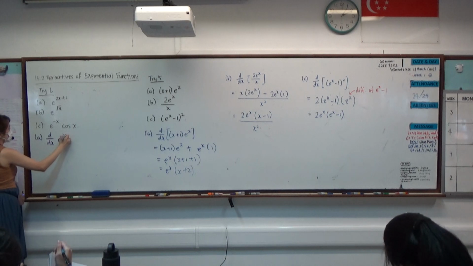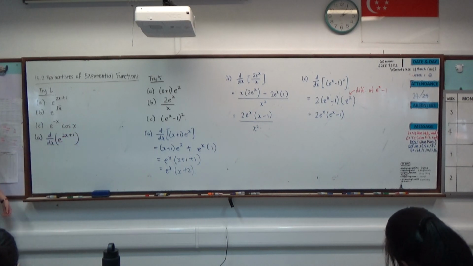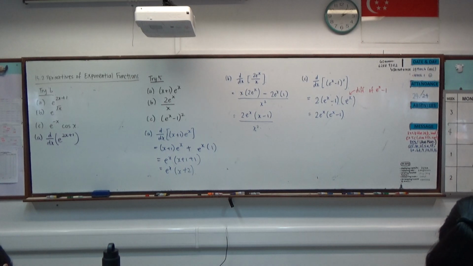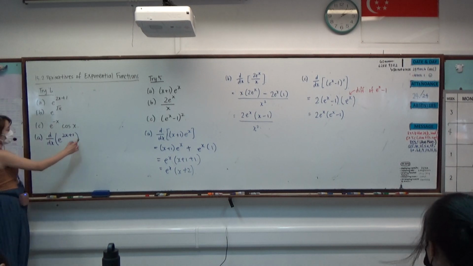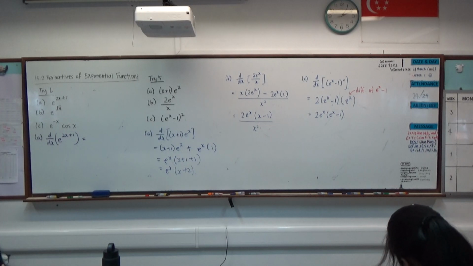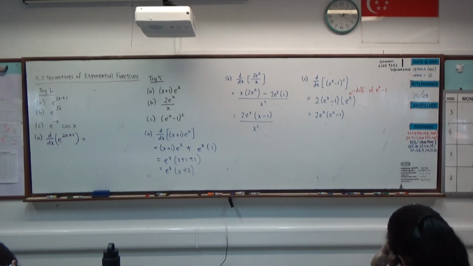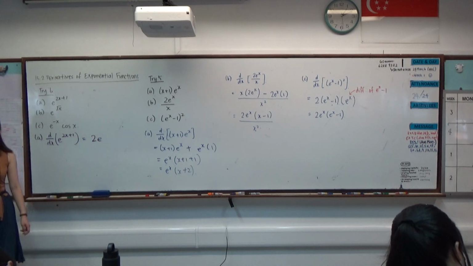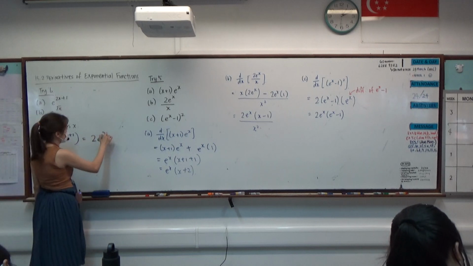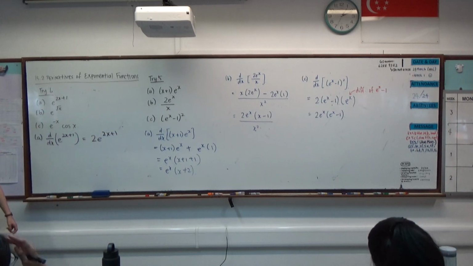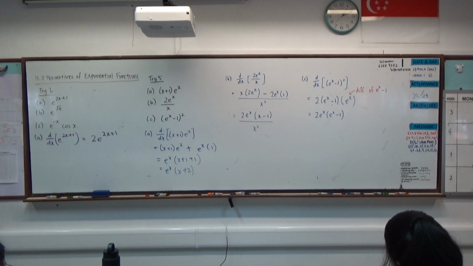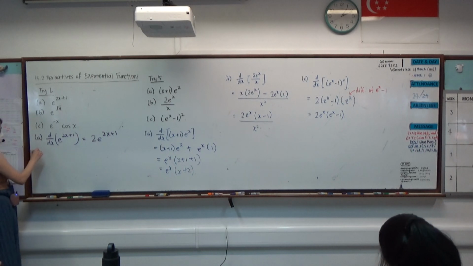To differentiate our e to the power of 2x plus 1, what do you think we will get? 2e to the power of 2x plus 1. Anything else? No. Okay, great. So that's the differentiation of e to the power of 2x plus 1.